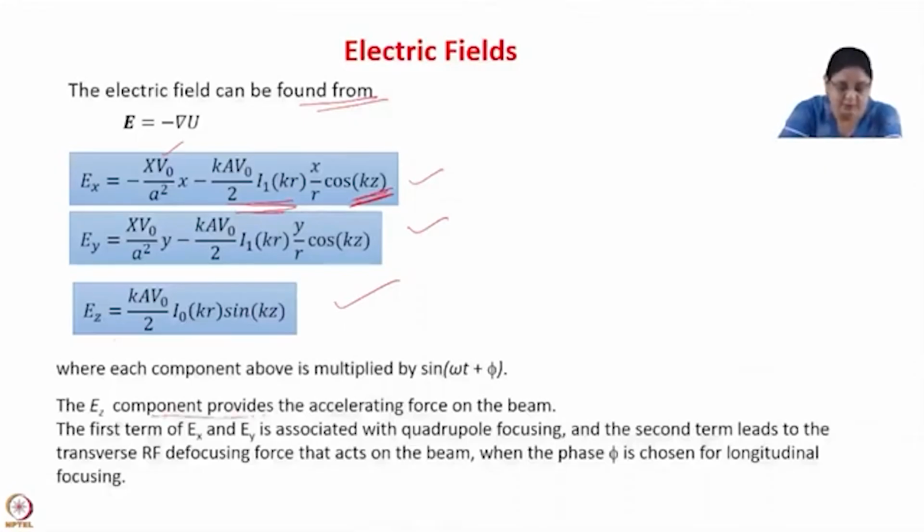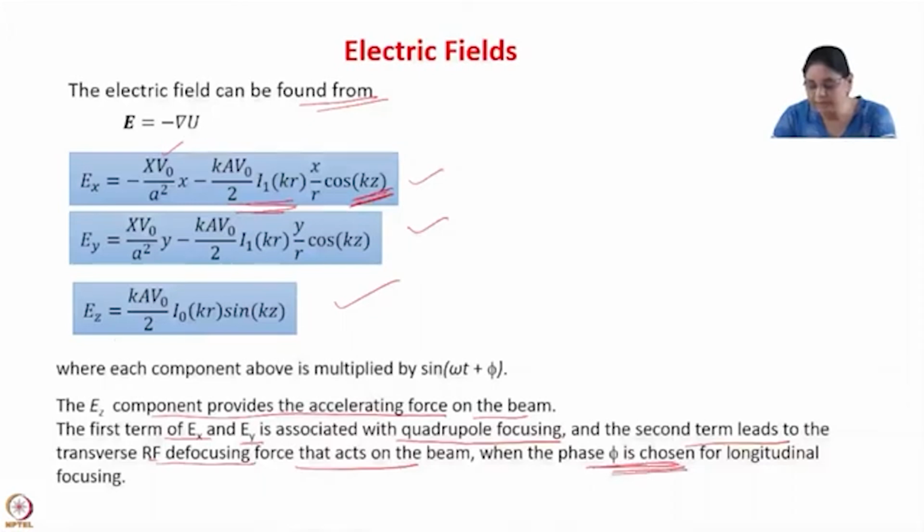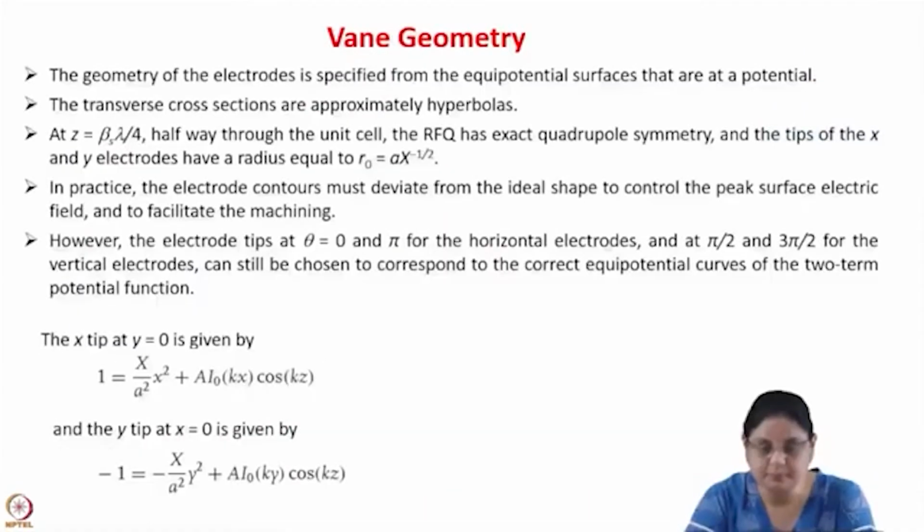So the Ez component provides the accelerating force on the beam. The first term of Ex and Ey is associated with quadrupole focusing, and the second term leads to transverse RF defocusing force that acts on the beam when the phase phi is chosen for longitudinal focusing. When phase phi is chosen for longitudinal focusing, it should lie between 0 and minus pi by 2.